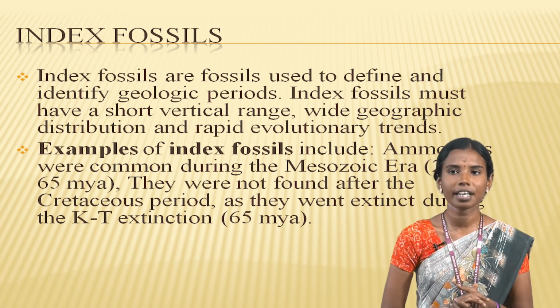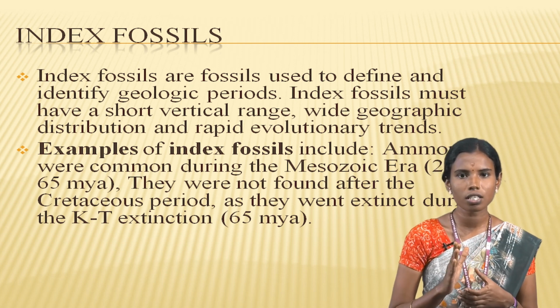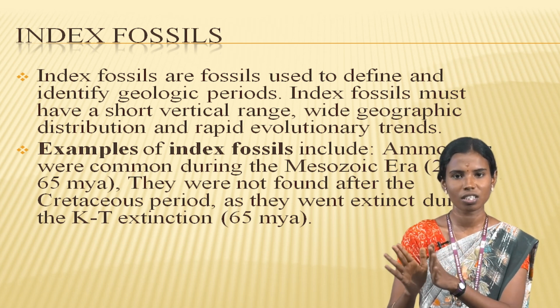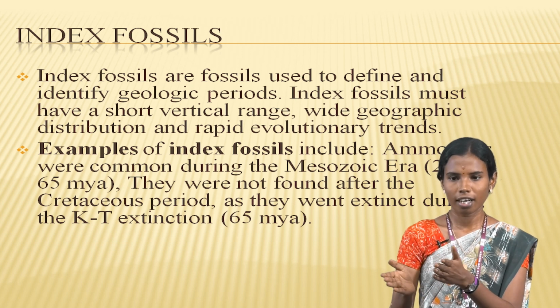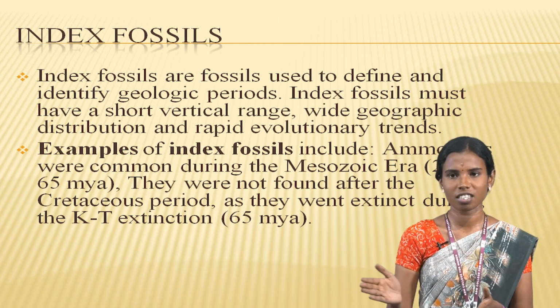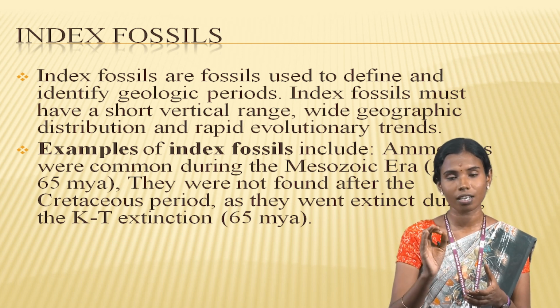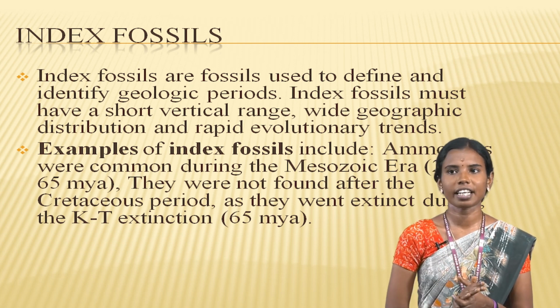That fossil is called an index fossil. So it is a fossil which identifies a geological period. By seeing an index fossil itself, we can say this formation belongs to the Cambrian, this formation belongs to the Ordovician. So the index fossil is the most important one in stratigraphy.